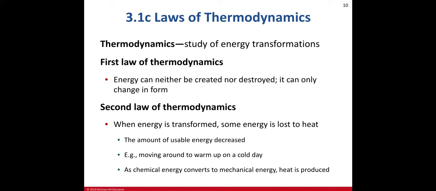The second law of thermodynamics says that when we transform that energy, we're going to lose some of it. This isn't a perfect machine that we can conserve all of that energy that we've created. So the usable energy is decreased at each step. So, pretty much an example for your human body, you're cold and you start moving around or your muscles start shivering.